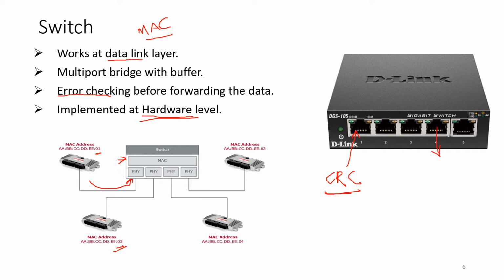The switch will have already learned and will have a MAC address table. It will send the incoming packet to the right port by checking the destination MAC address. If it is sending to this node, it will see the destination MAC address as 03, and it will switch to this network.